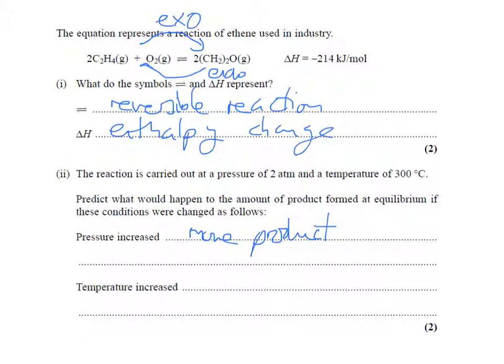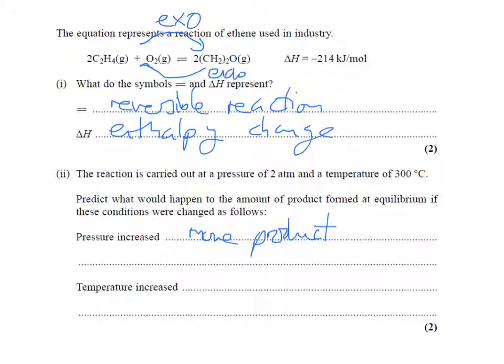Now, if we increase the temperature, the equilibrium will always move in the endothermic direction. So we need to work out which is the endothermic direction, and we actually already have. Okay, I did it a moment ago. We said the backwards reaction was endothermic, because we said the forwards reaction was exothermic because of that minus sign there.